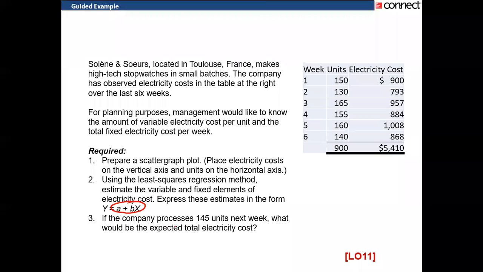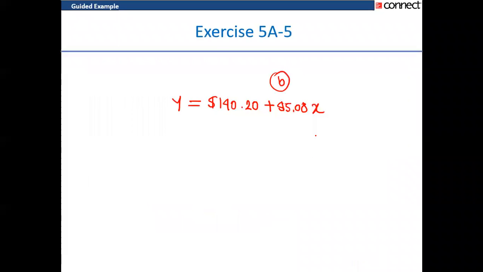Now, requirement 3: if the company processes 145 units next week, what would be the expected total electricity cost? So what will we do? We will look at the 145 units and we'll replace the x by 145 and we'll get the answer for number 3.